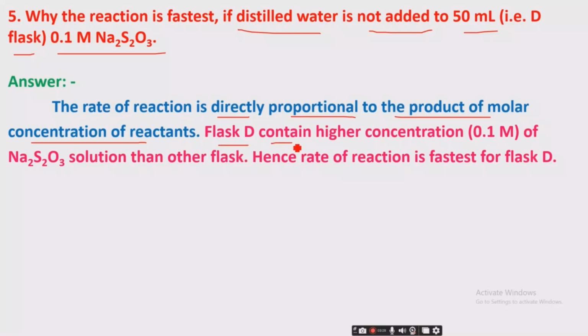Flask D contains higher concentration, that is 0.1 molar, of sodium thiosulfate solution among the other flasks, that is A, B and C. Hence the rate of reaction is fastest for flask D. Since flask D contains higher concentration of the sodium thiosulfate solution than A, B and C, hence the rate of the reaction is fastest for flask D.